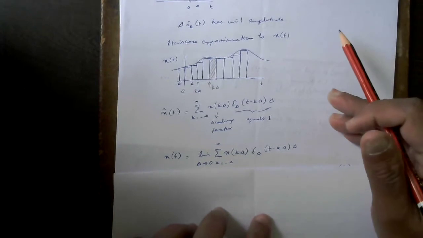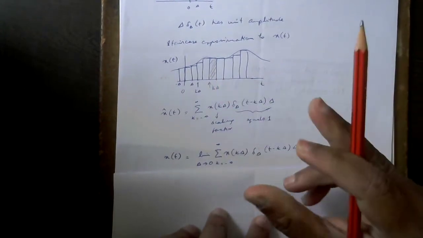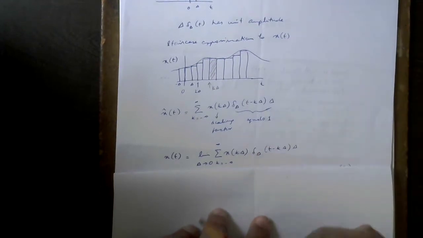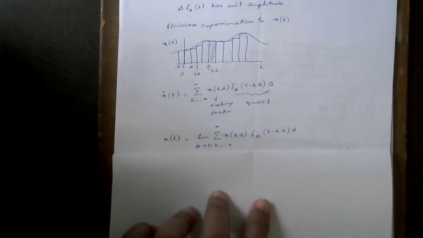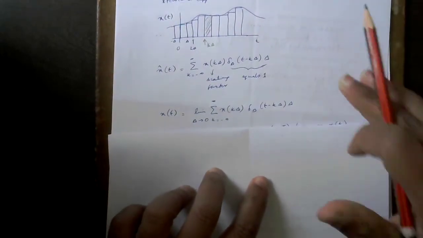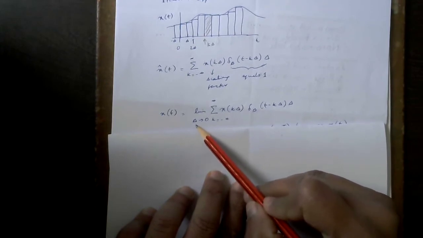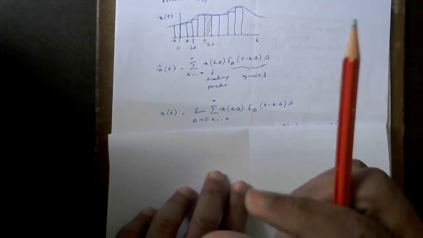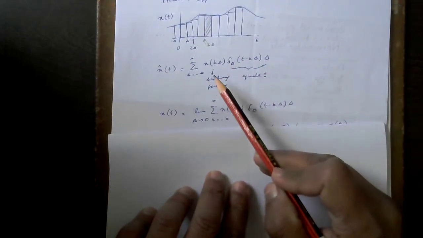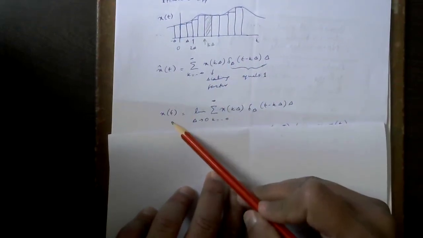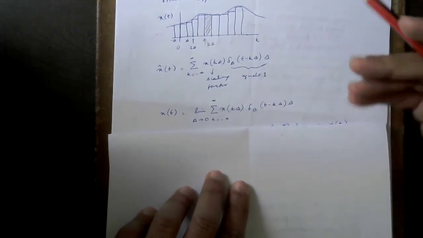The point here is that as the width of the pulse becomes narrower and narrower, in the limit our approximation x hat of t becomes equal to x of t. When you apply a limit where delta tends to 0, the width of the pulse is becoming as narrow as possible, and hence this approximation is going to be equal to x of t, which is the underlying function we are trying to approximate.